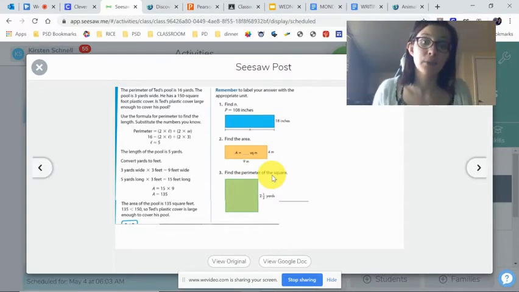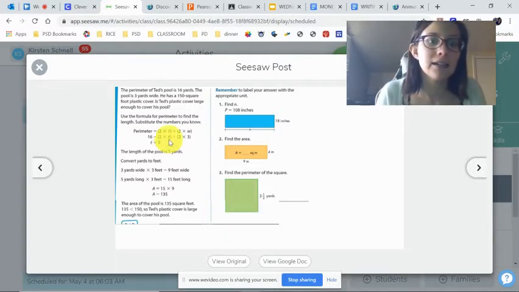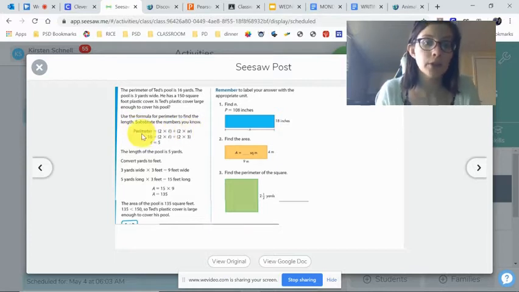So if I need to find the perimeter, I know that this length, 2 1/2, is the same as this length, 2 1/2. And the same as this length, 2 1/2. And the same as this width, 2 1/2. And here is my formula for perimeter.